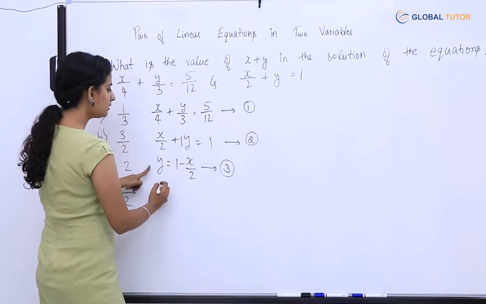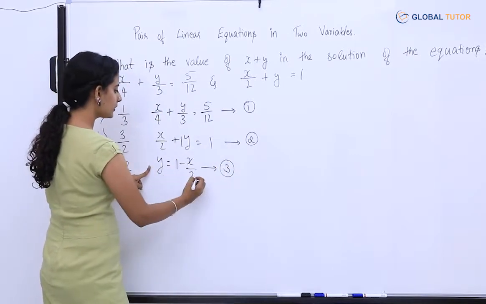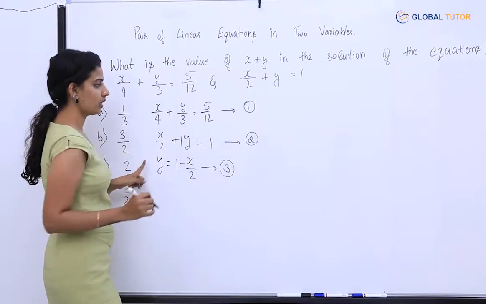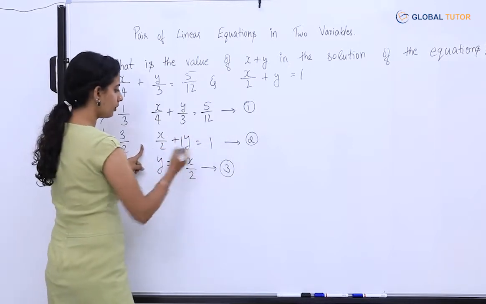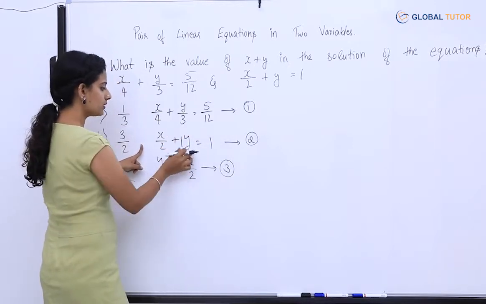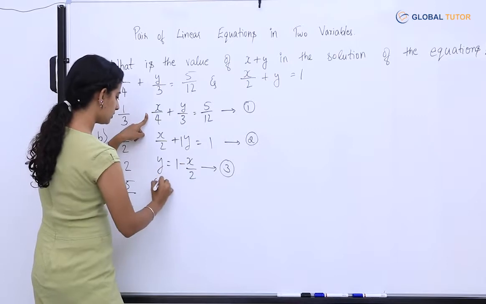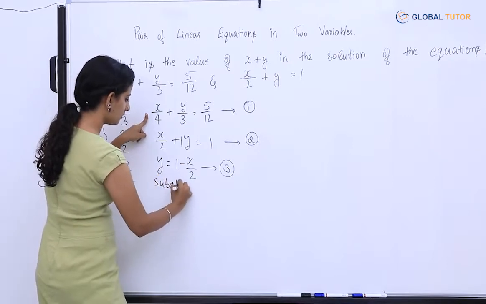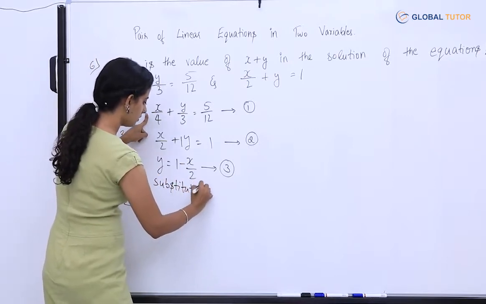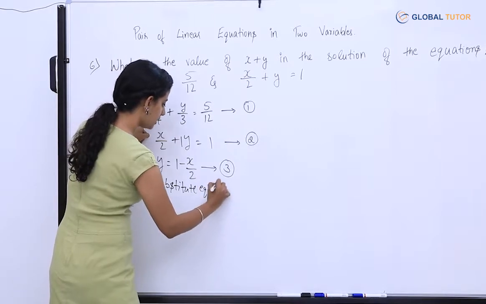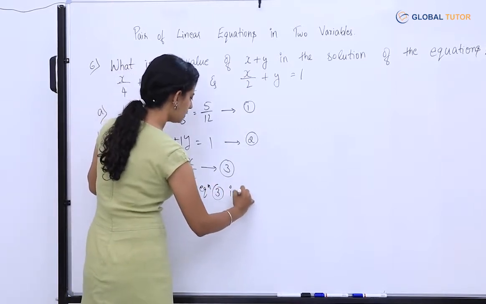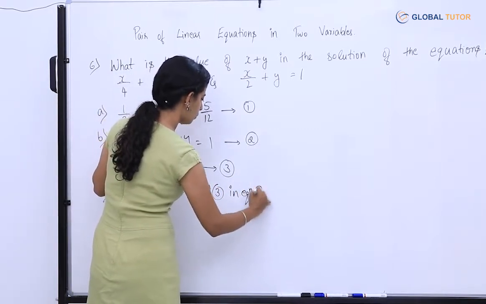Now we can substitute equation 3 in equation 1 because we started from equation 2 to represent y in terms of x. So I am going to use this. So substitute equation 3 in equation 1.